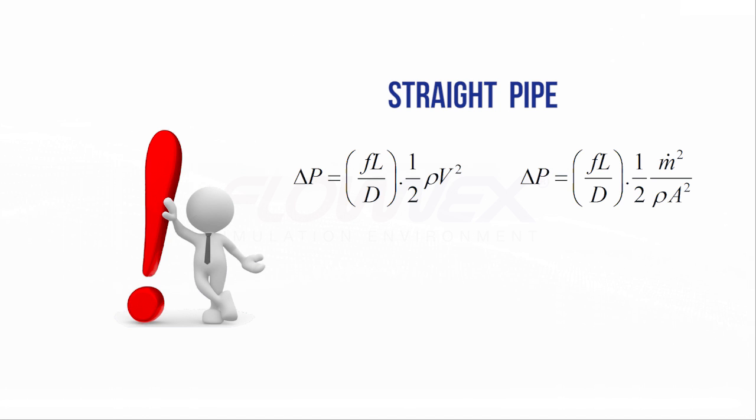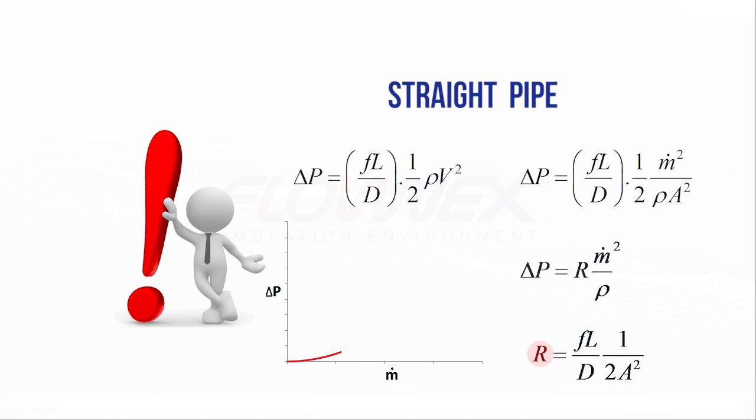By attributing all the geometry related variables to the flow resistance, we can now say that delta P equals the flow resistance multiplied by mass flow squared divided by density, where the resistance term is FL over D times a half divided by area squared. For a specific pipe, the resistance is therefore a constant or fixed value, giving that for a constant density, the pressure loss will exactly follow a quadratic relation with increasing mass flow.